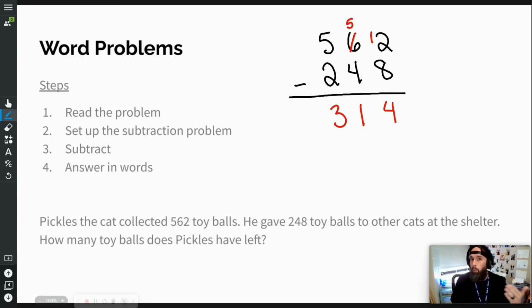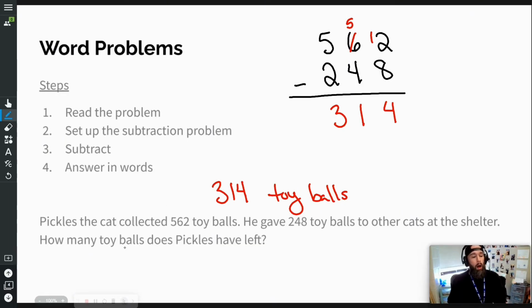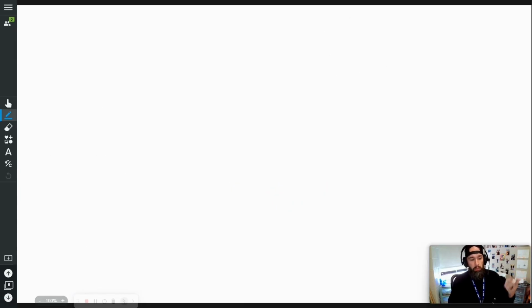So it's very important that we answer using words. How many toy balls does Pickles have left? 314 toy balls. Okay? So we're going to do a bunch of those together. I'm going to have you do a bunch on your own. Let's see if we can figure this stuff out.